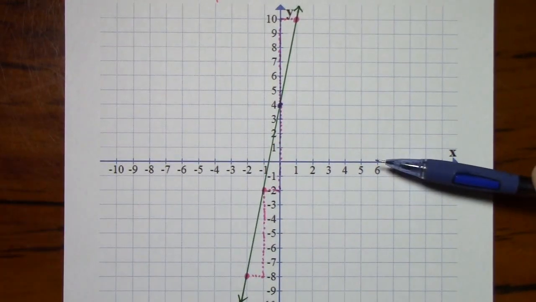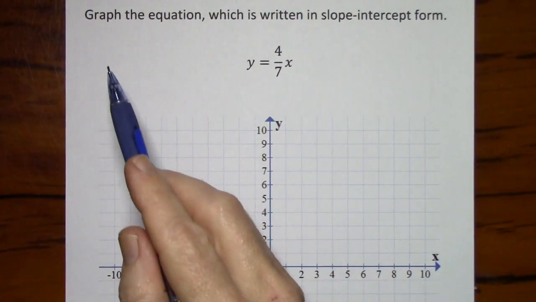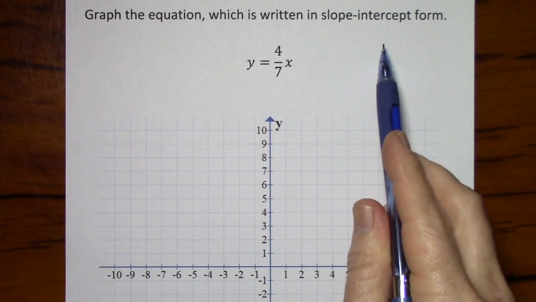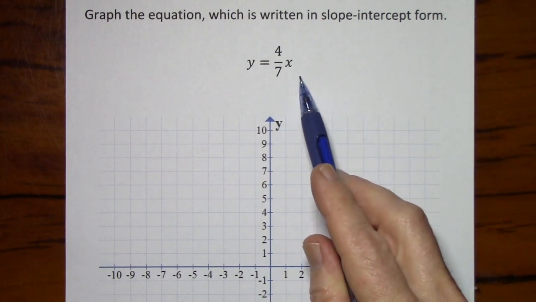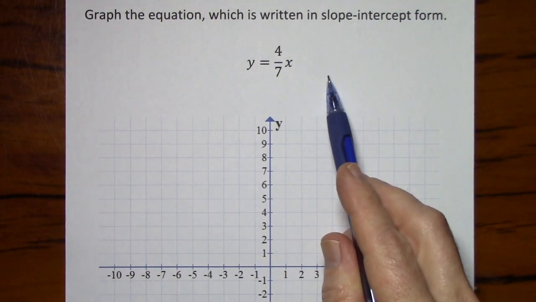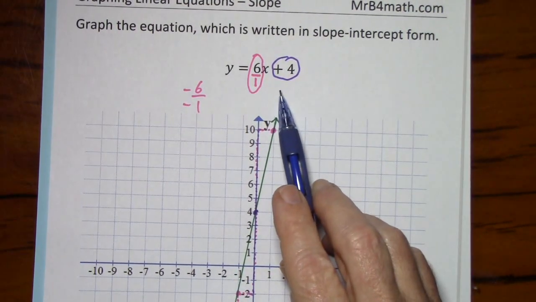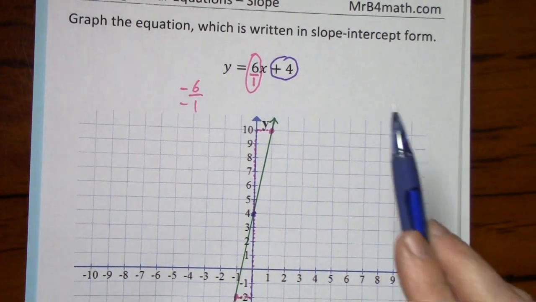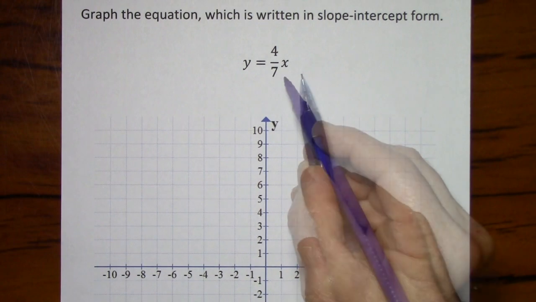If you tried graphing the equation, you can compare your line to this one. Again, we're to graph the equation, which is written in slope-intercept form. Even though the intercept is not written explicitly, as it was in the previous equation, we can still find out what it is.